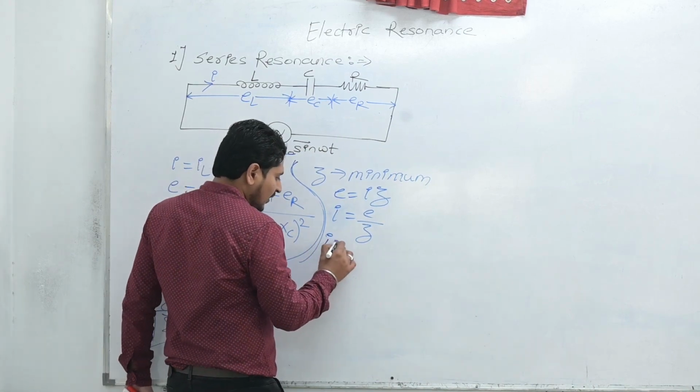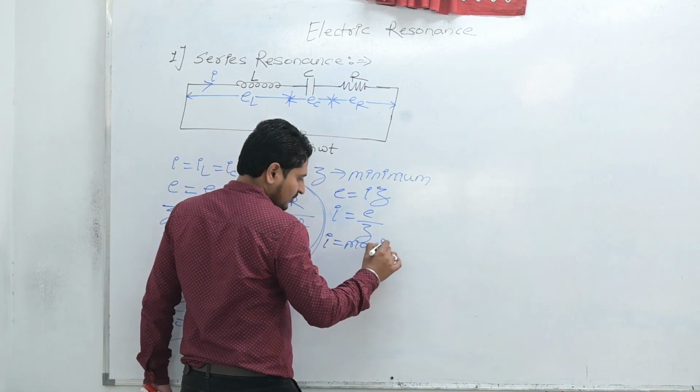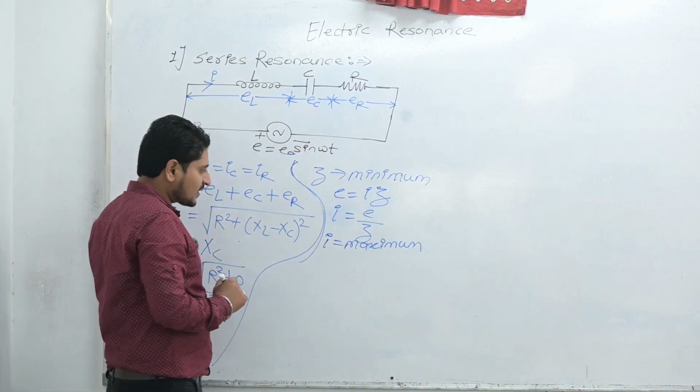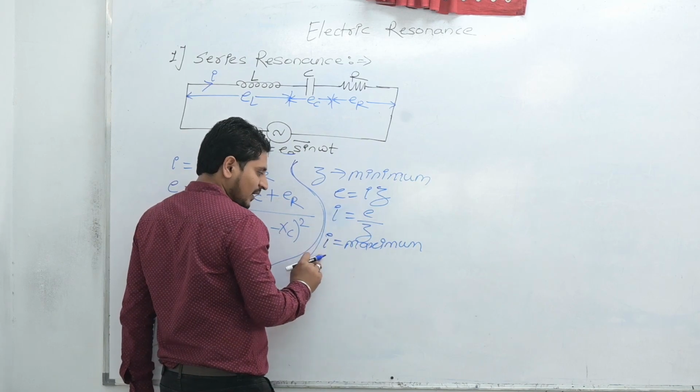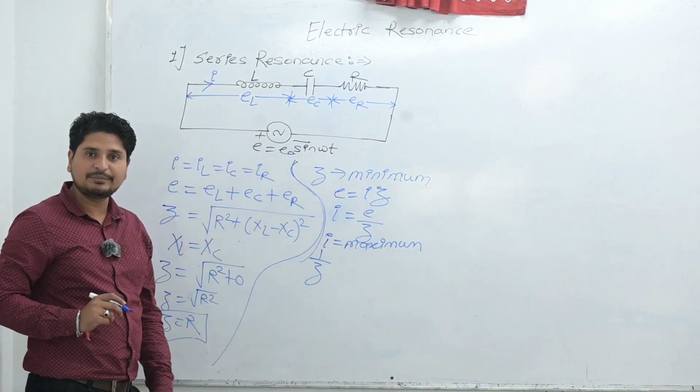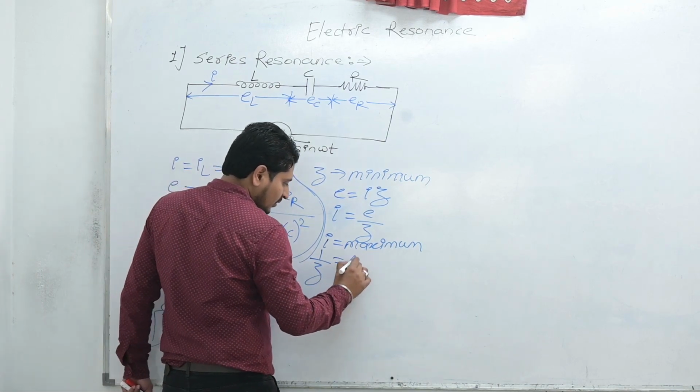So यहाँ I का value आपका maximum हो जाएगा. So the current is maximum, Z is minimum, and 1 upon Z, मतलब 1 upon impedance, is nothing but your admittance.